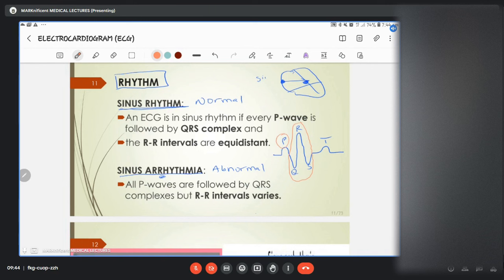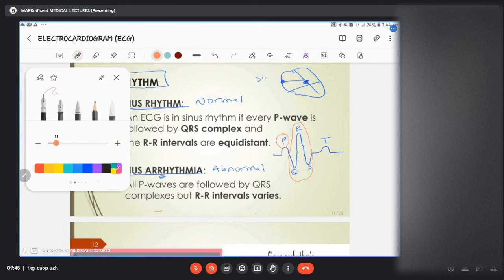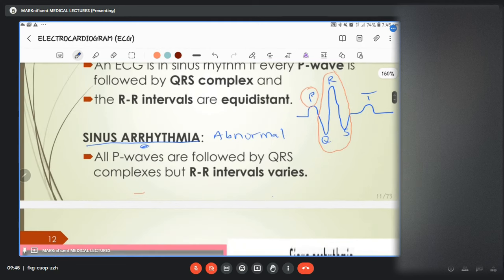The second criteria is what? RR intervals must be equidistant. You know, this is a cycle, right? P, Q, R, S, T. After this T, well, in pathology you will have U, but we're talking about a normal ECG here.